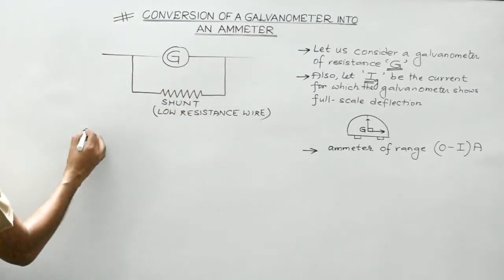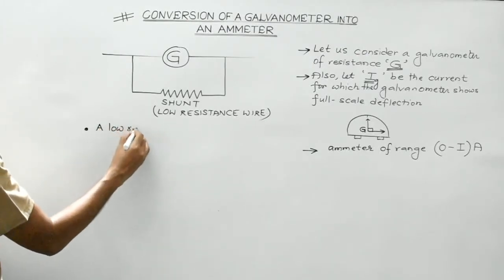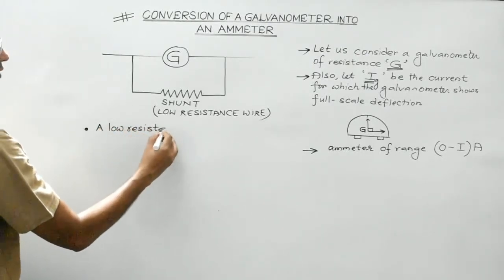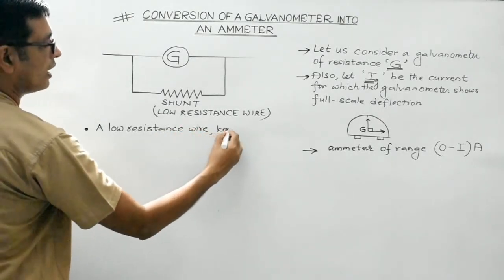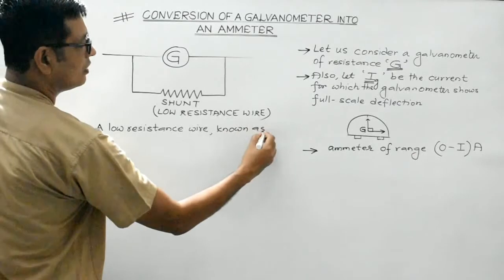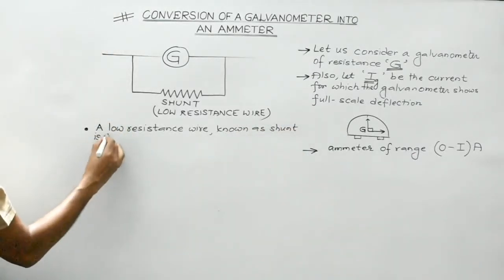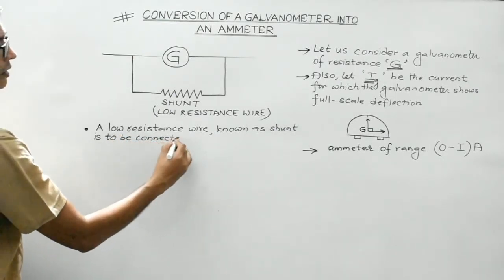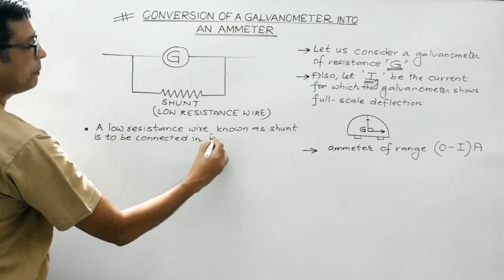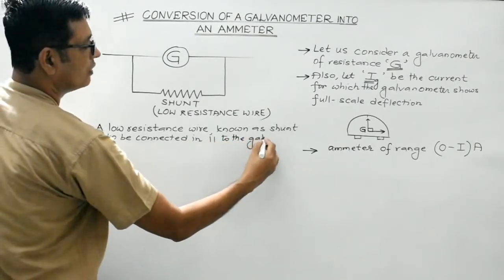So, first point to be noted is that a low resistance wire known as shunt is to be connected in parallel to the galvanometer coil.